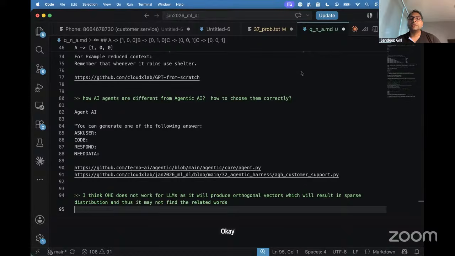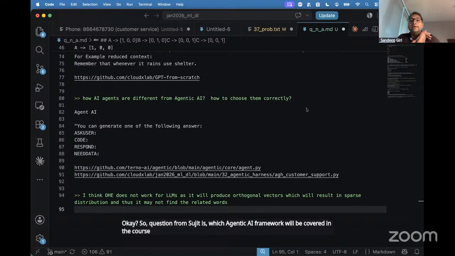Question from Sujit is, which agentic AI framework will be covered in the course? Will we learn frameworks such as LangChain, LangGraph, CrewAI? Very good question.